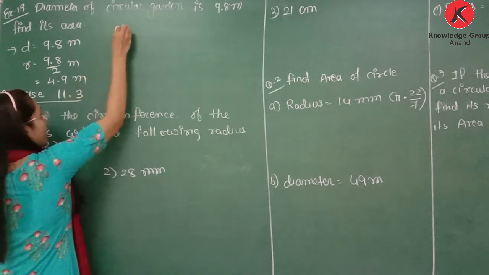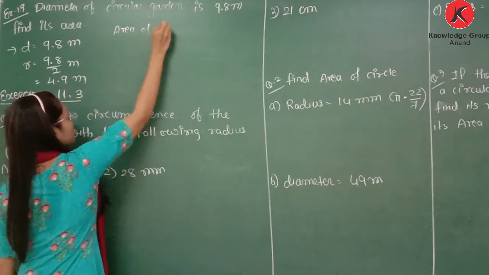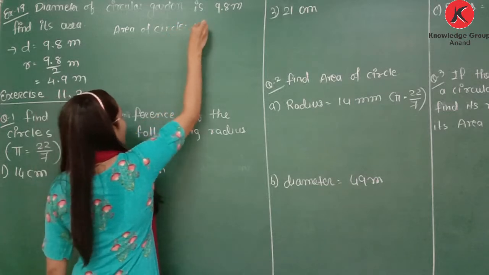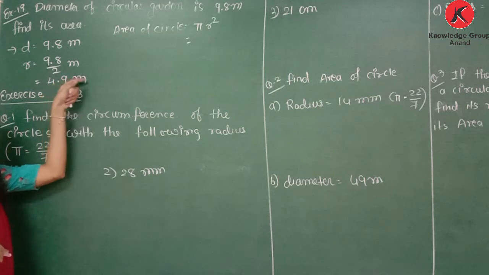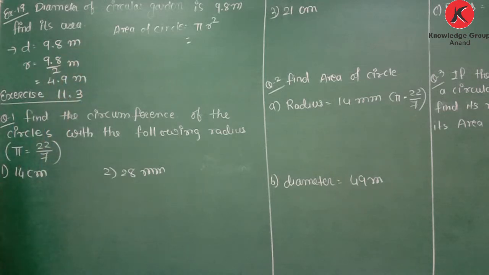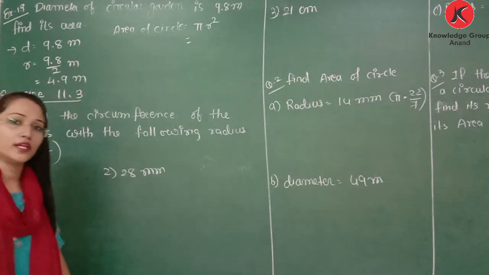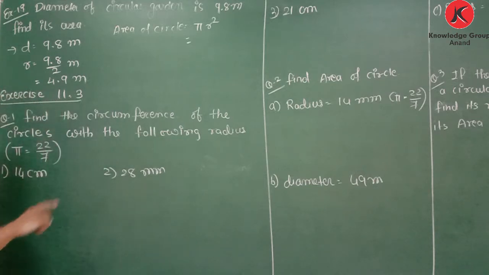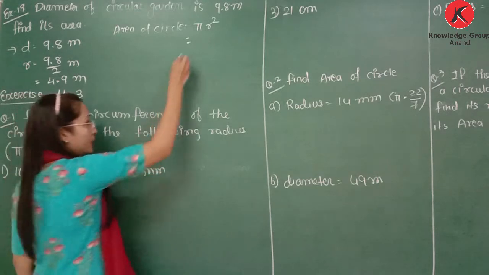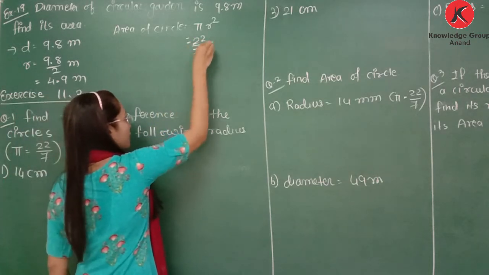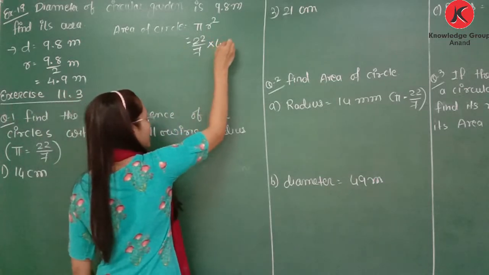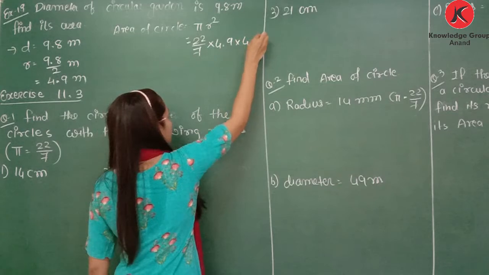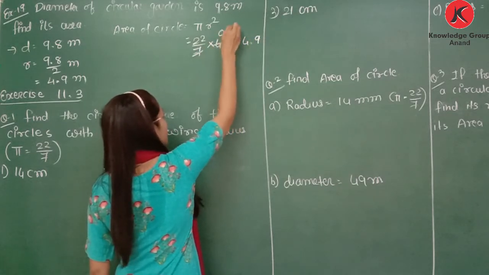Now area of circle, that is pi r square. Now here you can see we have 4.9. So if the value of pi is not given, then you can take 3.14 or 22 by 7. But it is possible to cut 4.9 by 7, so it is better to take 22 by 7. Radius is r square, that is 4.9. Let's multiply 4.9 two times. So here 0.7.